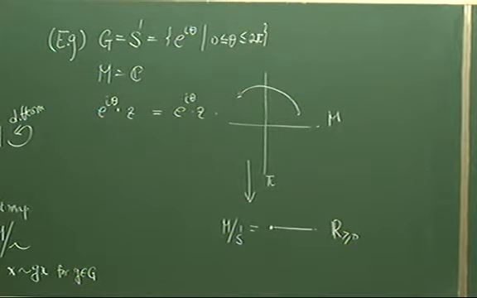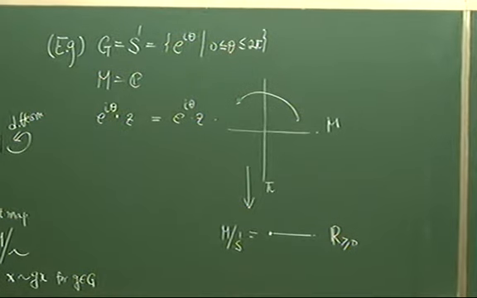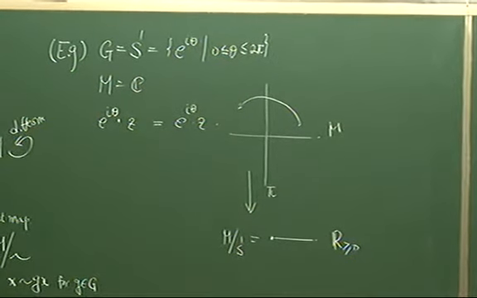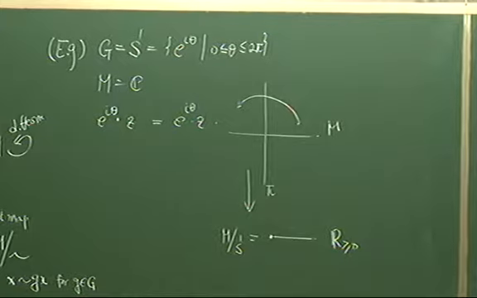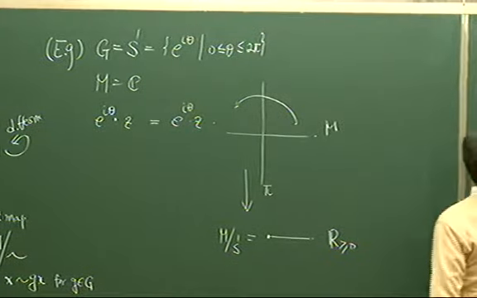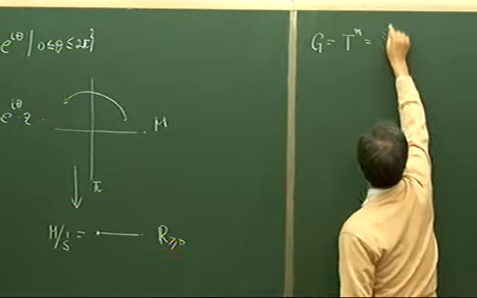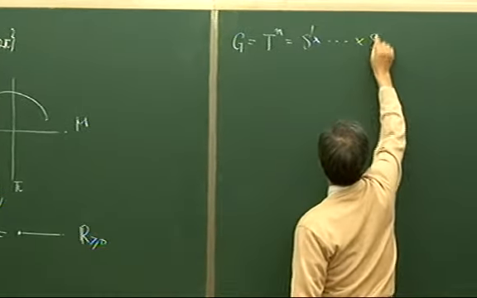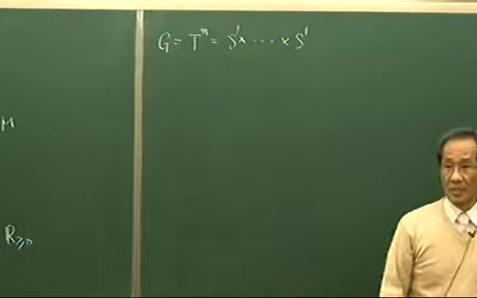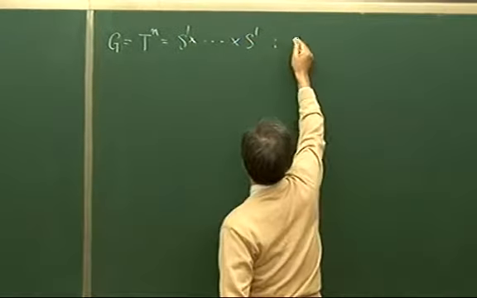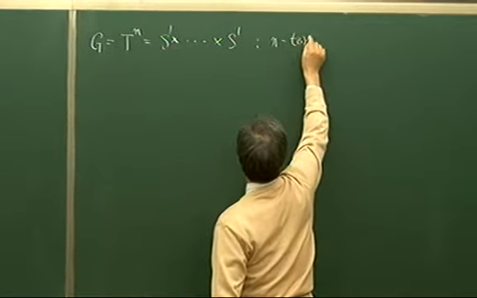Let me give you a slightly more n-dimensional version of this. Let's say G is T^n, which is S1 times up to S1. This is called the n-torus.